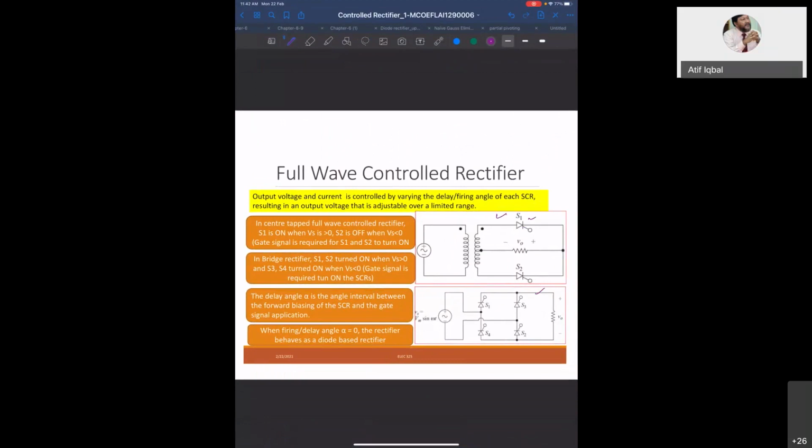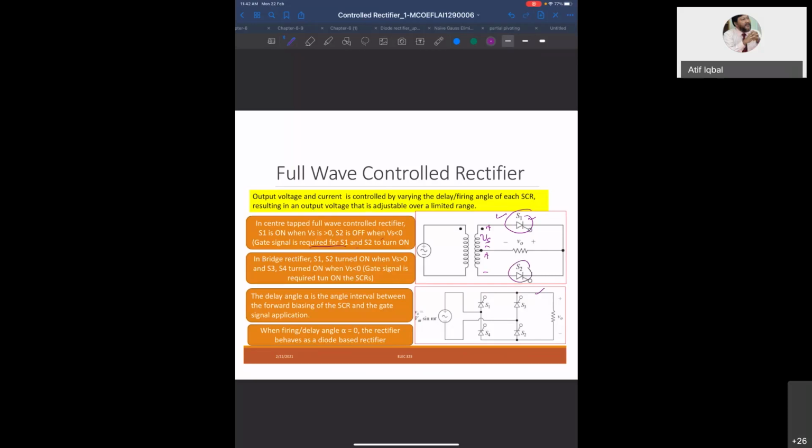So in the center tapped full wave controlled rectifier, S1 is on when your Vs is greater than 0, meaning this is your plus and minus, this is your minus and plus. And S2 is off when this is negative. It is the same thing.